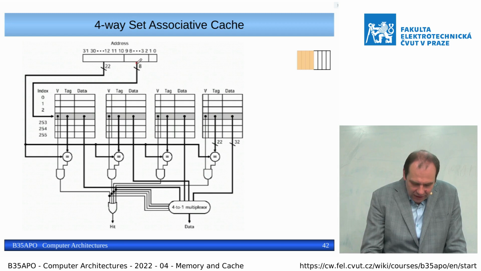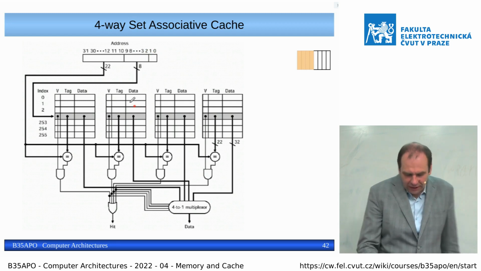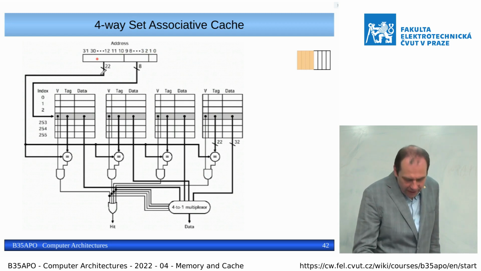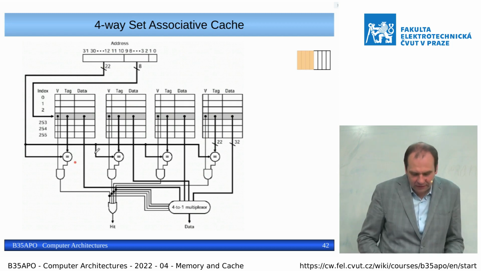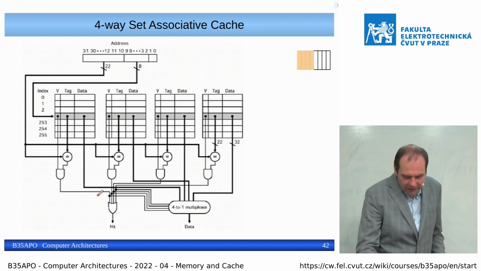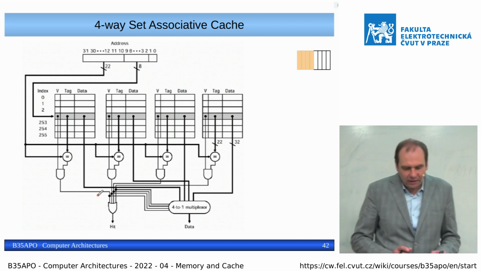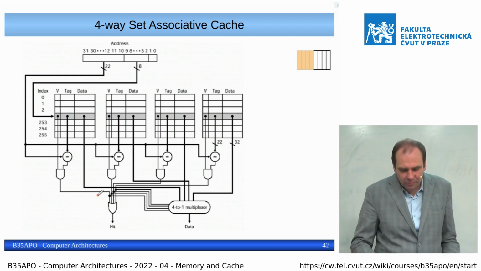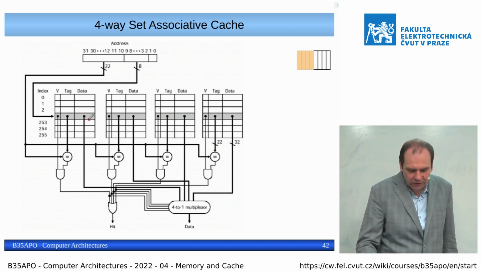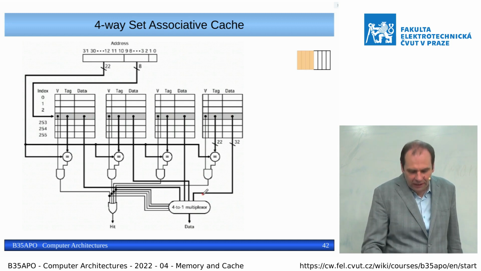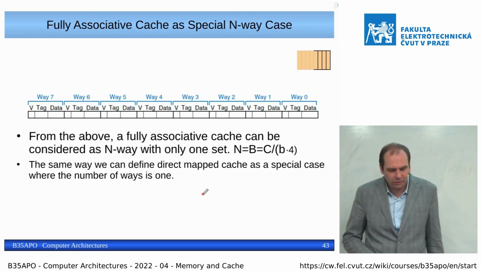In this case, we have 8 bits to access the row, and 2 bits to select the byte, and the rest is compared as the tag. And at the moment when there is a hit, the replacement algorithms and mechanism ensure that a hit would be only in a single way, and we can select the data from that way and use them.